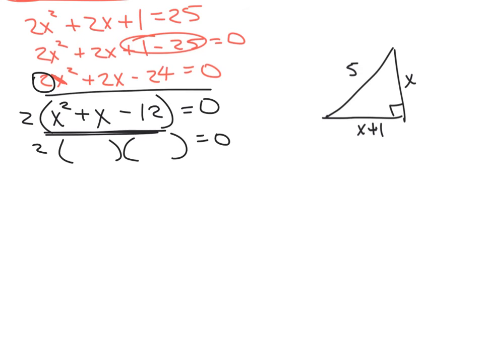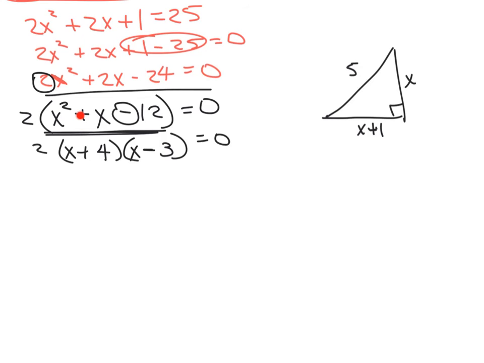Leave the 2 there, but two numbers multiplied together give me 12, added give me 1. So 4 times 3 is 12. 4 minus 3 is 1. So I need to get a negative when I multiply the 4 and the 3. So with that being the case, I have one number that's negative and one positive, so that when I multiply I get a negative.